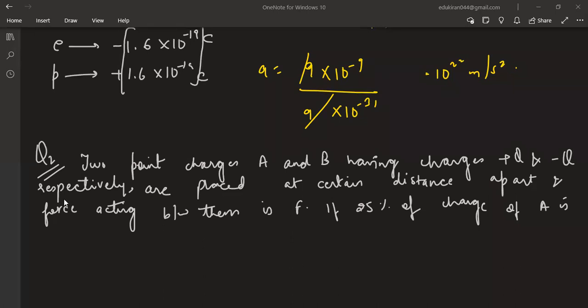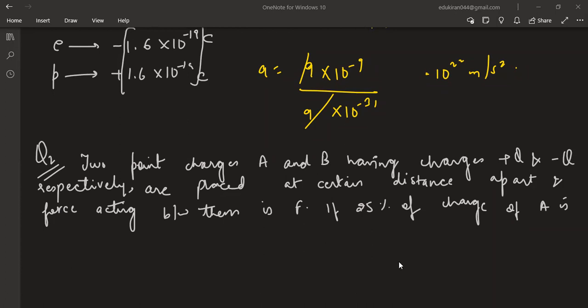Like in this question, can we say that k q into minus q by r square will be the formula that we will use in question number 2? Skip it. No need to write minus q. Most of the solutions mention minus q just to signify what they are putting.